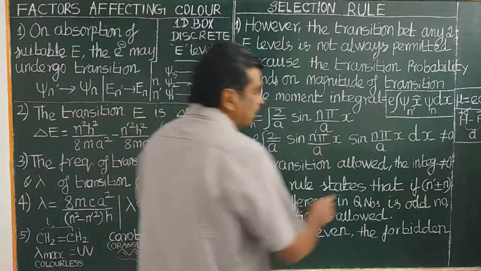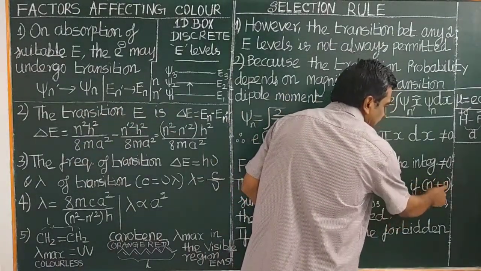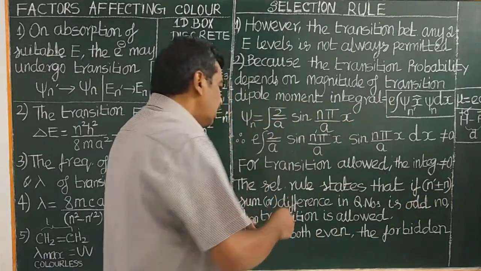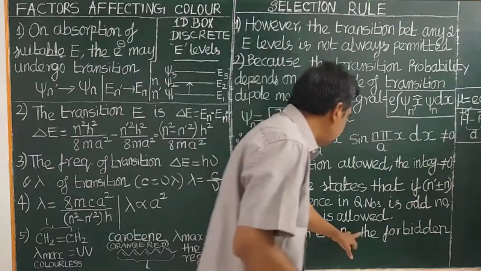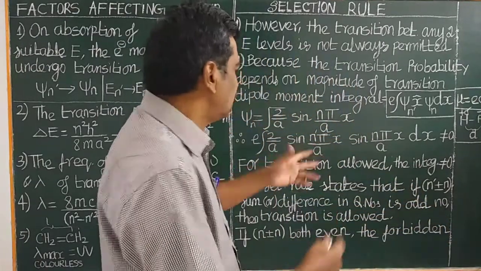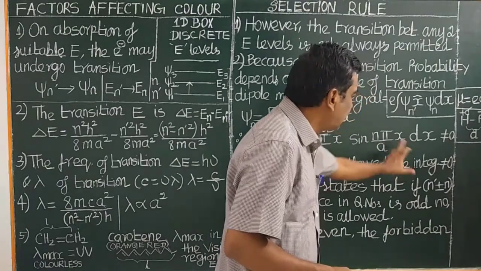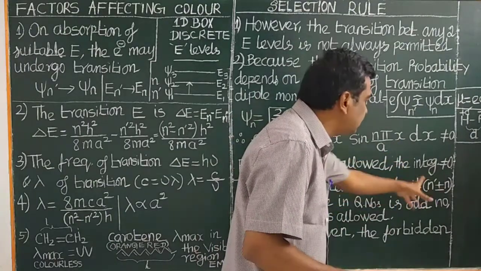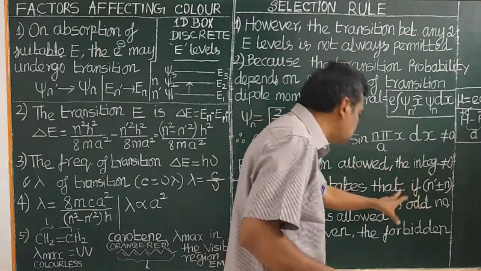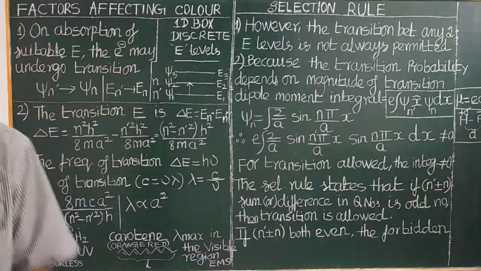Suppose n prime plus or minus n is an odd number, then it is permitted. I have shown the mathematical derivation of this integral and also a few examples to show this. Kindly see that.